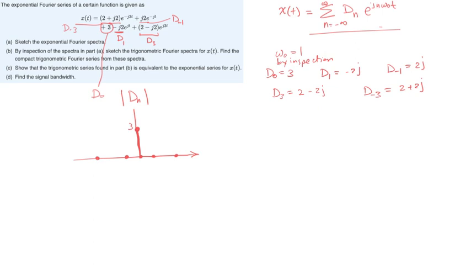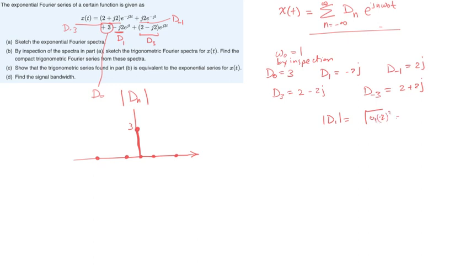Now, D1, what's going to be the magnitude of that? Minus 2j. What's the magnitude of that term? It's straightforward. 2, exactly. So the magnitude is not minus 2. The magnitude is always positive. So if you want to do it the classical way, you say that the magnitude of D1 is equal to the root of the real square plus the imaginary square. The real square is 0. The imaginary square is 2 squared, right?